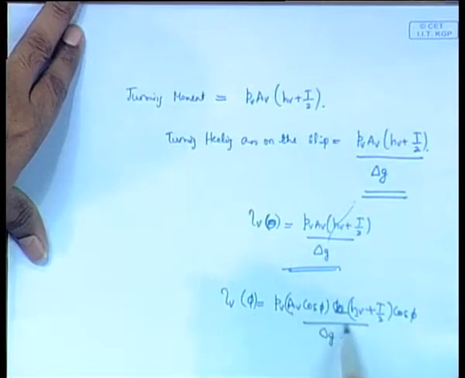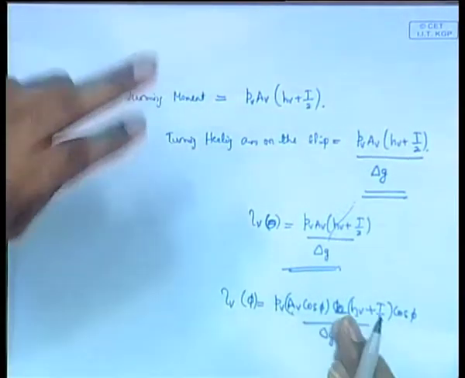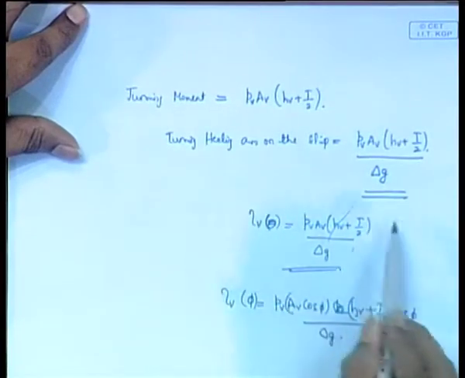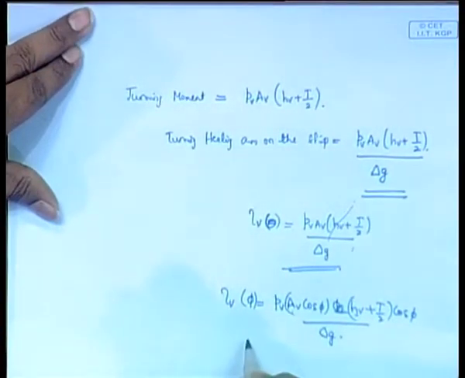Okay. So, this becomes your LV at some angle of phi heeled, means initially when the ship is upright, wind acts, the heeling arm on the ship is proportional to HV plus T by 2, this one, this is your heeling arm. When it is heeled by an angle phi, it is now proportional to the initial value into cos square phi.